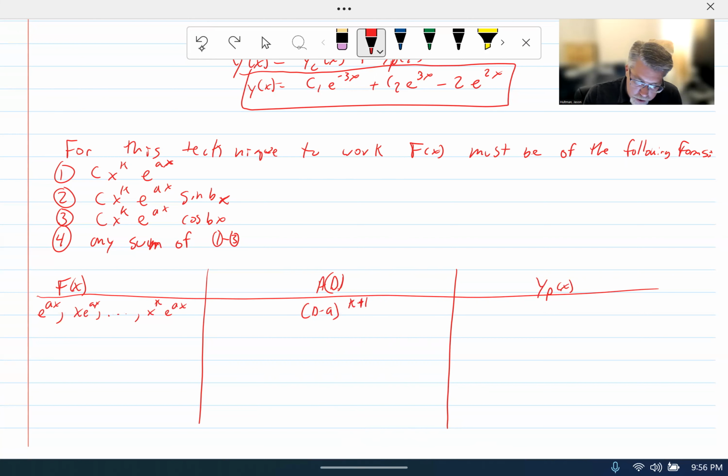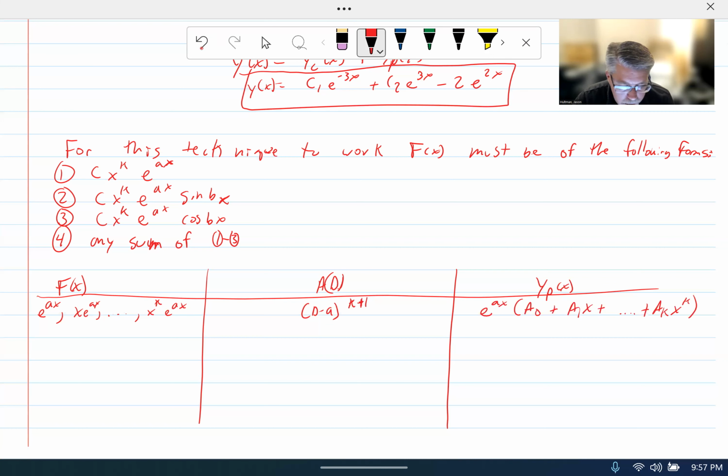Okay, and so what should I choose for y of p? Well, we need to choose y of p as e to the ax times a naught, plus a1 of x, plus, so however many powers of x I have, I just keep adding terms, plus a of k x to the k.